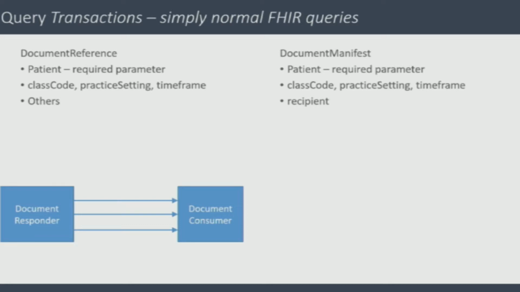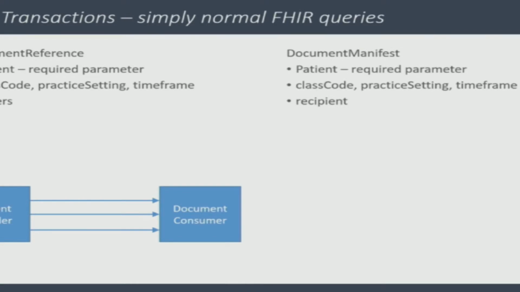And then there's a set of other parameters. Generally, you're going to be querying on class, practice setting, and time frames. There are others that are defined in MHD. Again, it's a subset of those defined in FHIR. But generally speaking, you have a set of query parameters for document reference, and you have a set of queries for the document manifest.